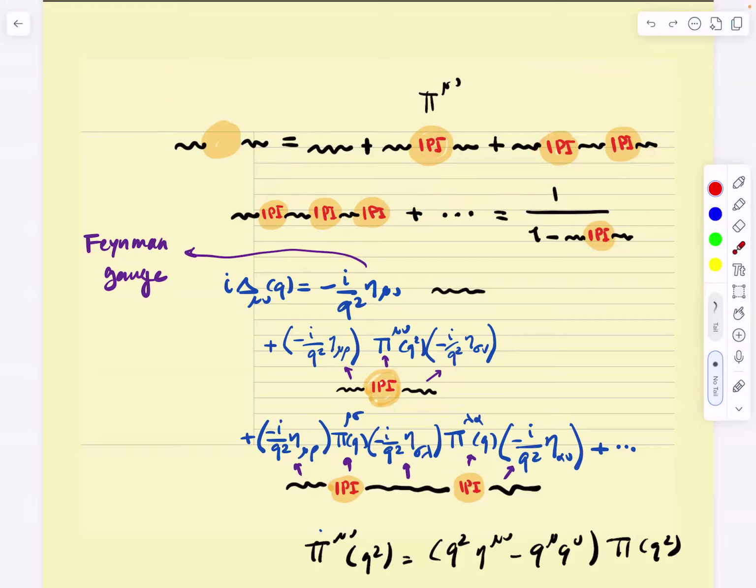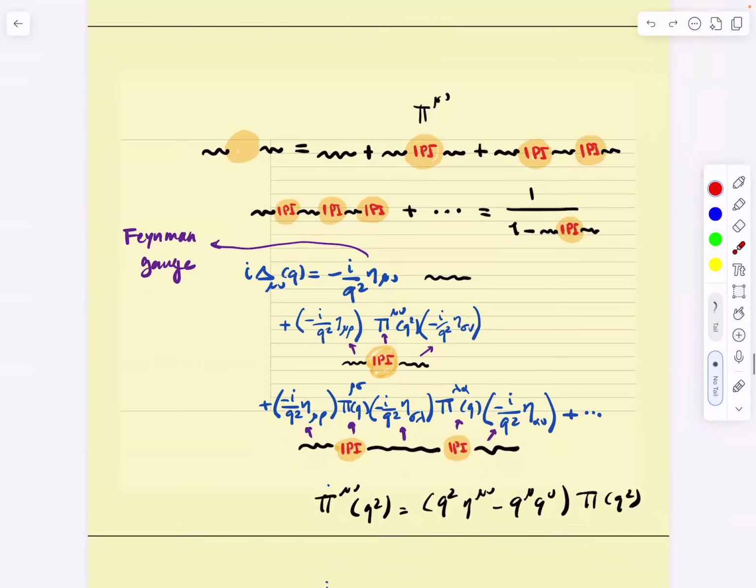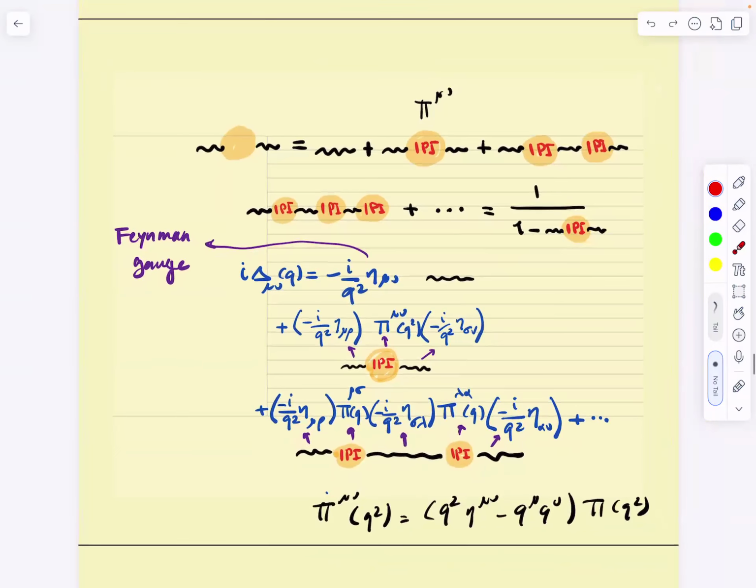You could resum it and write it as 1 over 1 minus 1 pi. So all you need to calculate is the one pi diagrams. Is that step clear?